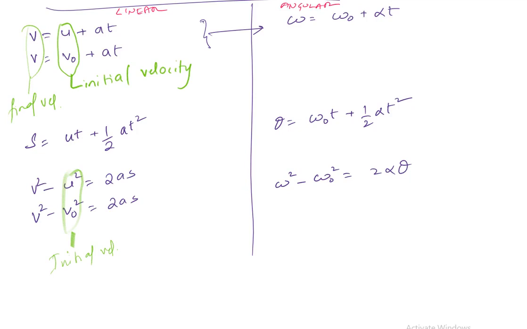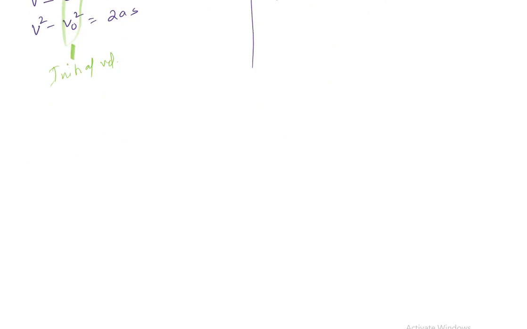So in linear motion, things are going, obviously, as the name suggests, in a straight line. In angular motion, things are rotating, right? You could have an arm that is pinned, and this is rotating.